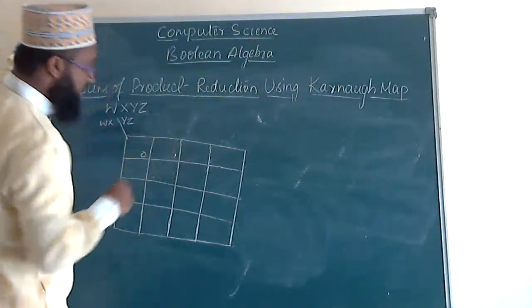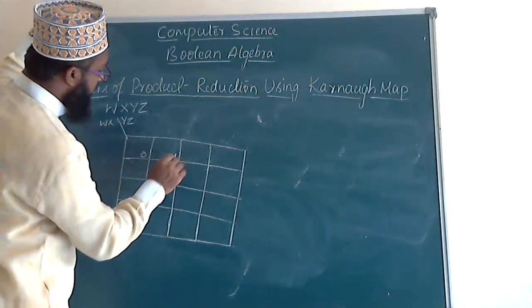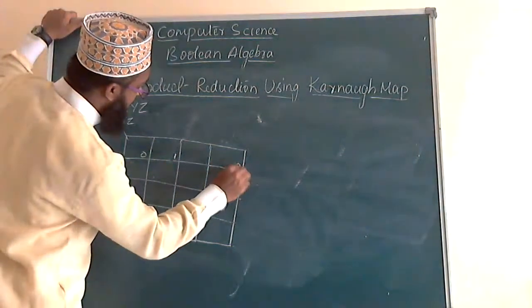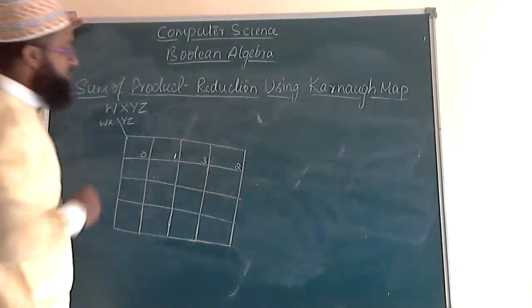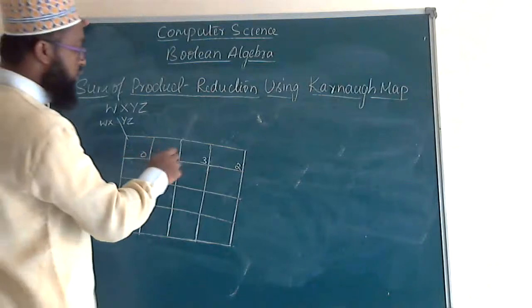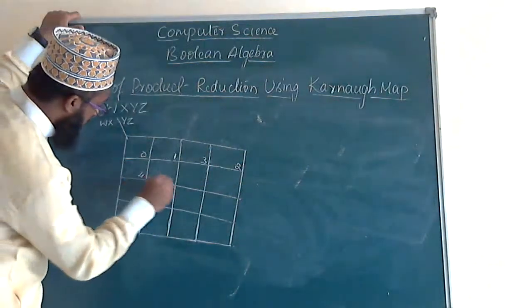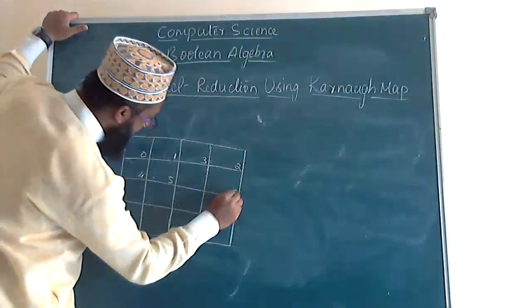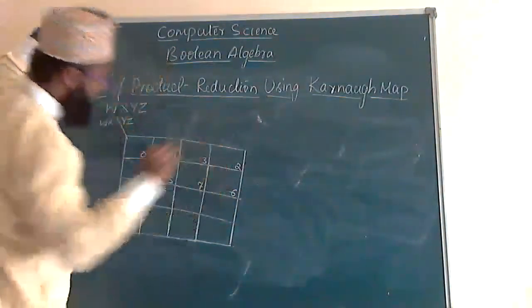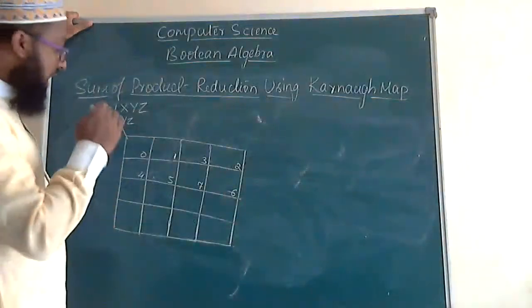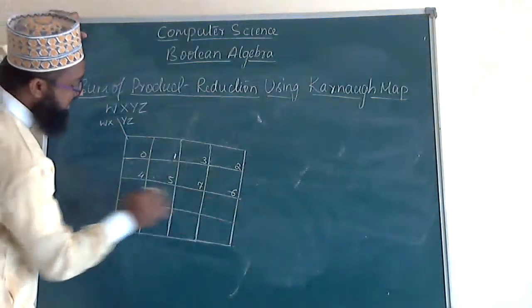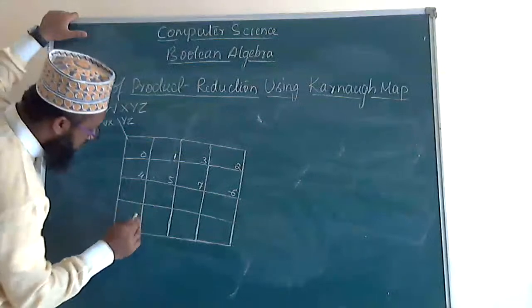0, 1. Then where is 2? 2 is in the last. Then write 3 here. Then write 4, 5, 6 here, then 7. After that, leave this row and come to here.